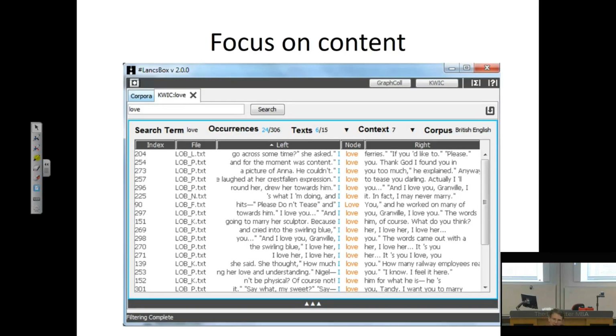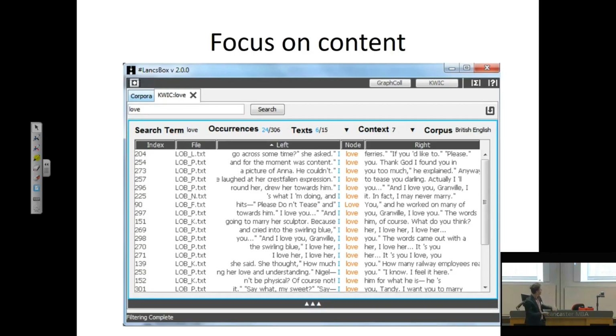So when we think about data visualization and implementation of data visualization in our tools, such as Langsbox, we try to follow some basic principles. One of the core principles is the focus on content. And content is the data, the corpus data. We don't want to display anything that is superficial, but we want to display things that relate directly to the data.